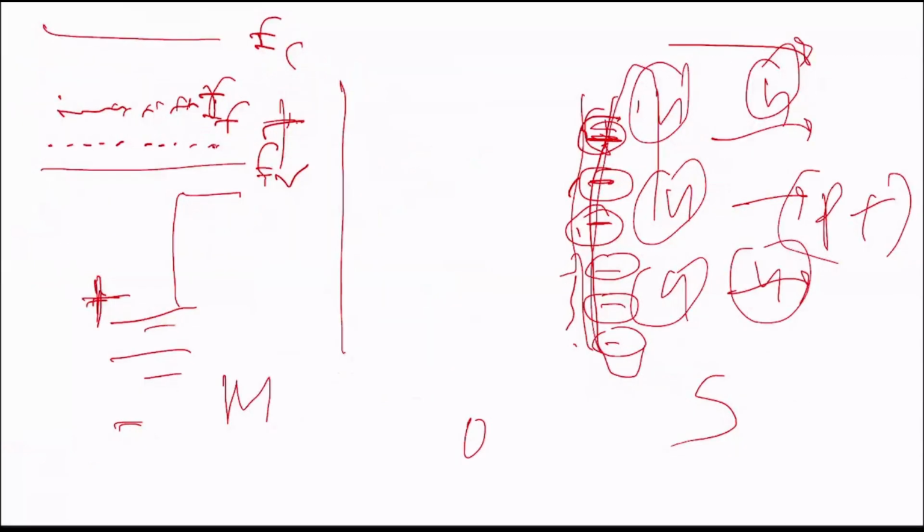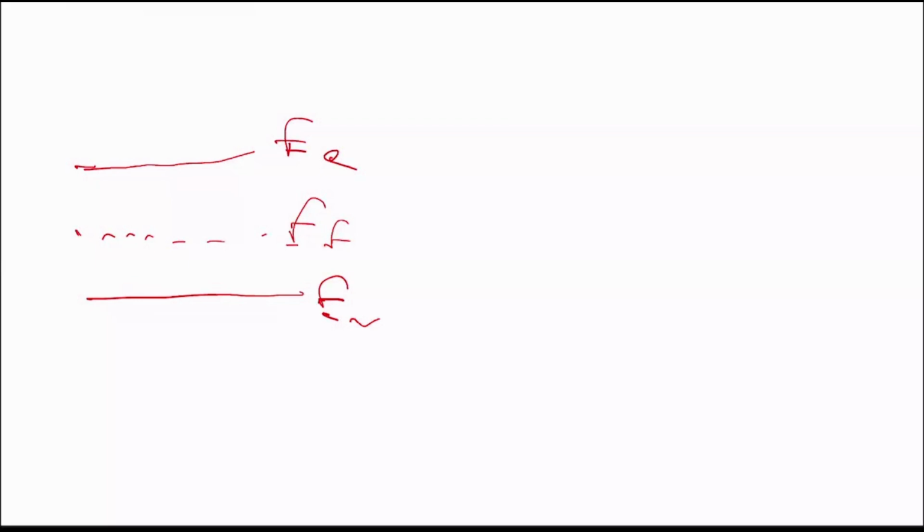So when you have a large positive voltage, let's say we have a p-type material, which is like this. We have the intrinsic Fermi level here, the conduction band, and the valence band here, and this is the Fermi level of a p-type material.